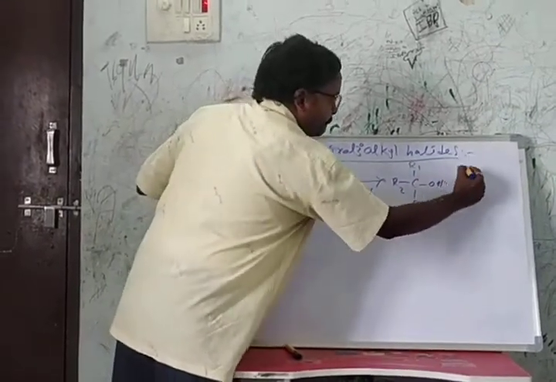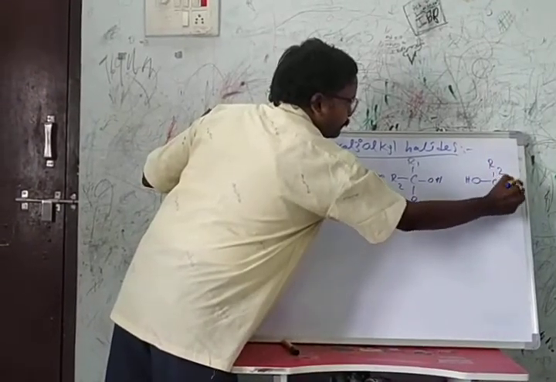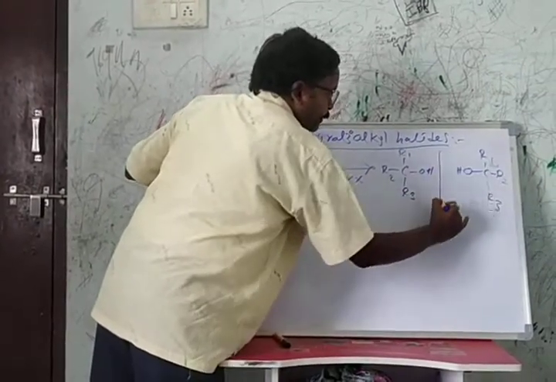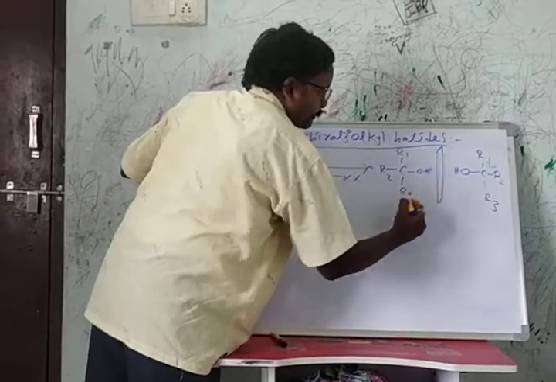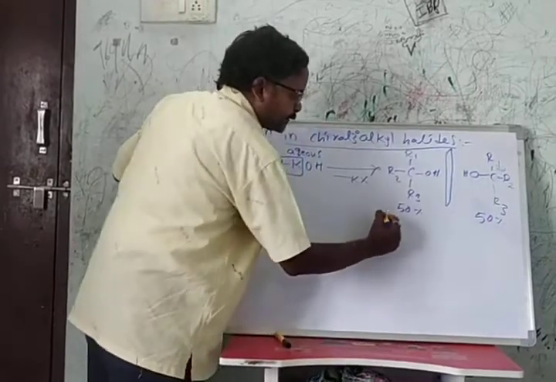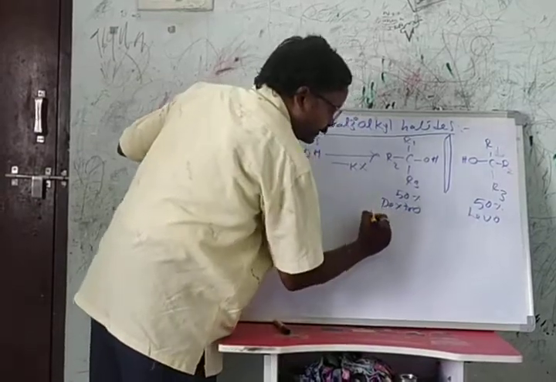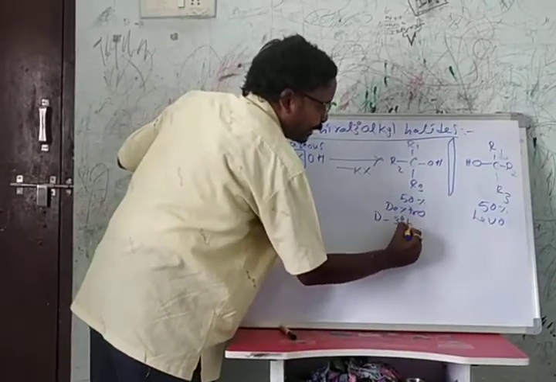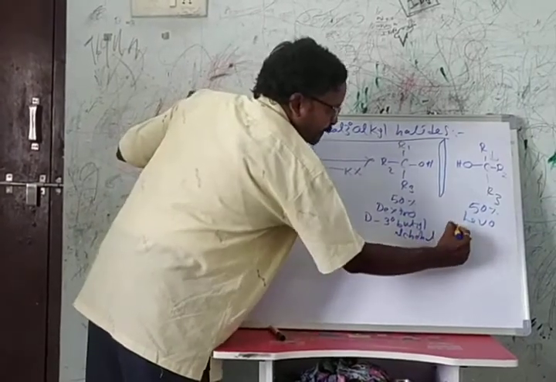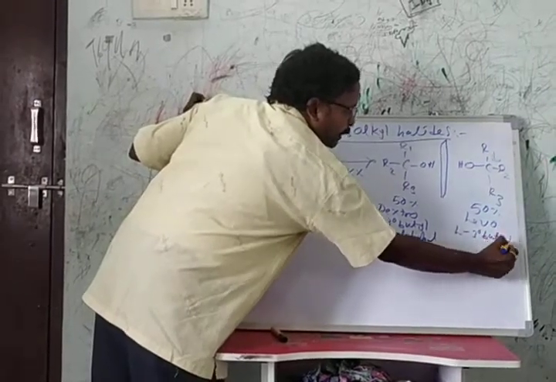This is one molecule and this is the other molecule. Okay, this is the mirror. This is 50%, this is 50%. This is dextro, this is levo. This is D tertiary butyl alcohol. This is L, capital L, tertiary butyl alcohol.